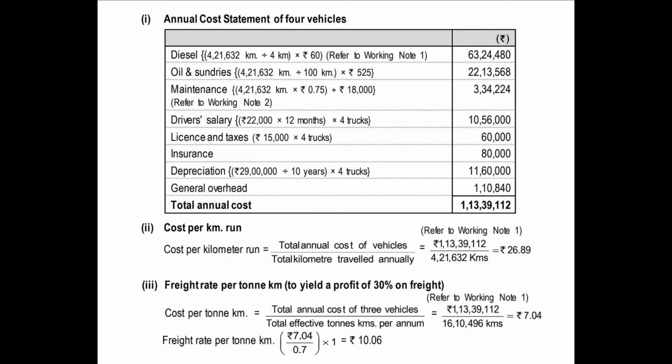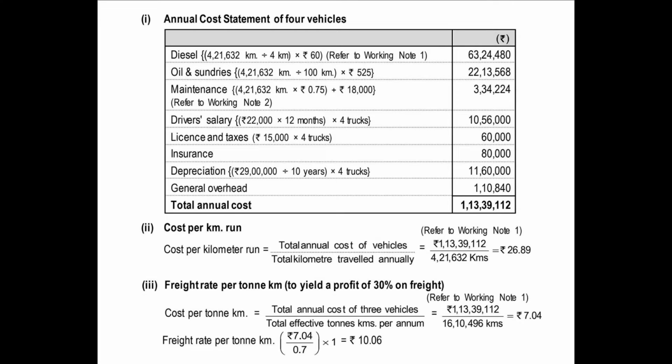We require 1,05,408 liters to cover 4,21,632 kilometers. Each liter is rupees 60, so multiply with 60. That is 4,21,632 divided by 4 kilometers into 60 rupees per liter, which is equal to 63,24,480.